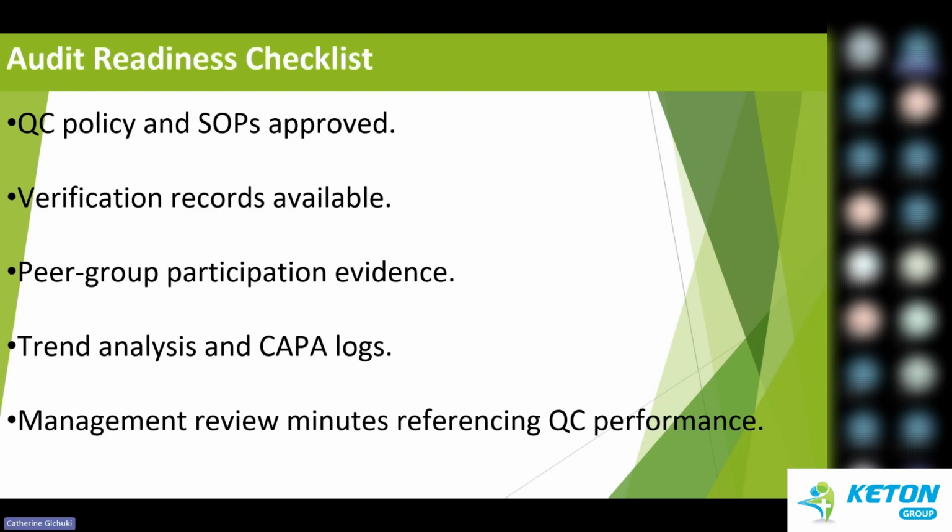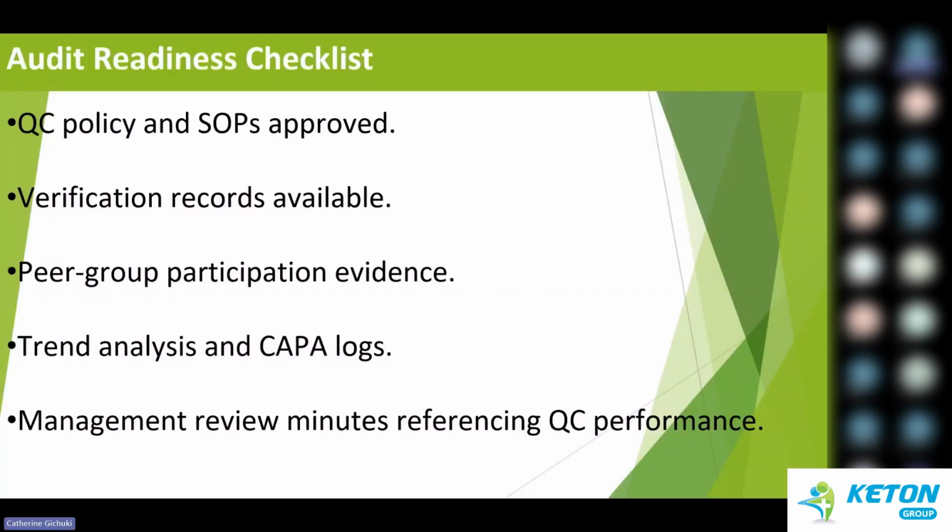You have to show verification of your QC materials. Verification is when you check after the 20 runs. What did you do? You say we adopted a mean. Have records for that. Then peer group participation, EQAs, where you prove that your lab participates in peer comparisons. Then you're doing trend analysis and CAPA logs.